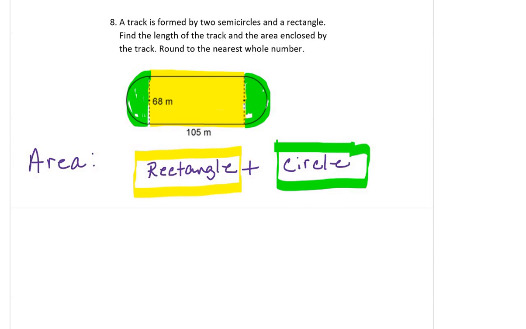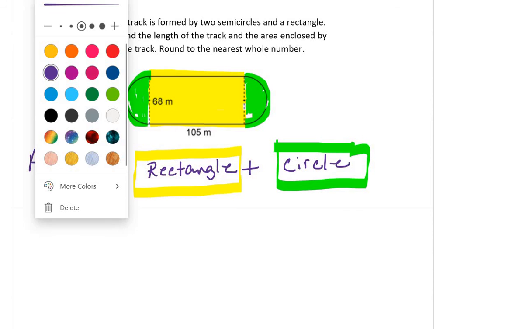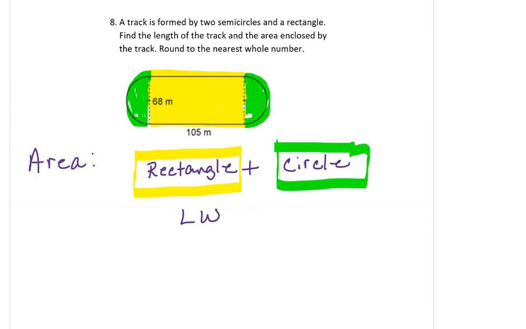Okay, for the area enclosed by the track, we're going to find the area of the rectangle, which is length times width, and we're going to find the area of a circle, which is pi r squared. The length and the width are 105 and 68. And the radius in this problem is only halfway across.